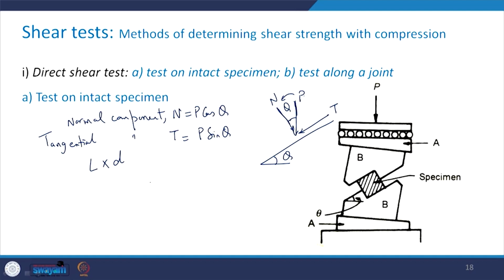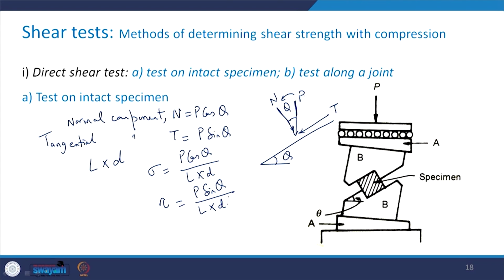So, what is going to be the normal stress, that is sigma, that will be P cos theta divided by L into D, and the shear stress is going to be P sin theta divided by L into D. Okay.